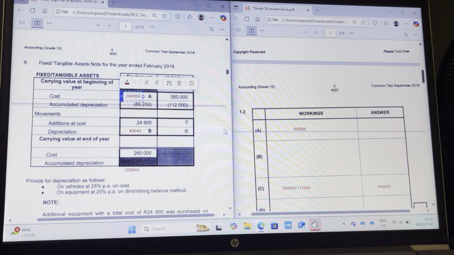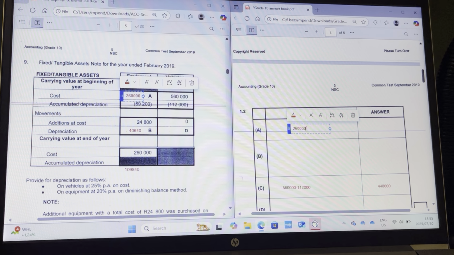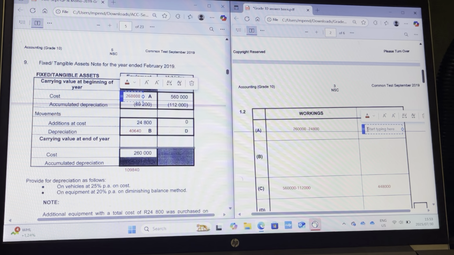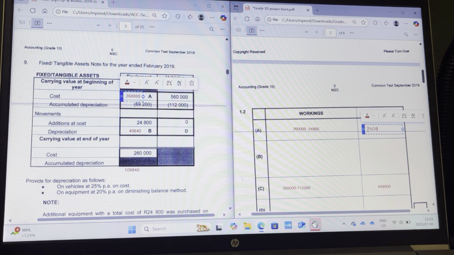Therefore, to get A, we were supposed to say this 260 here, which is our closing, less the addition of 24,800, and that would have given us 235,200. So this amount is 235,200.